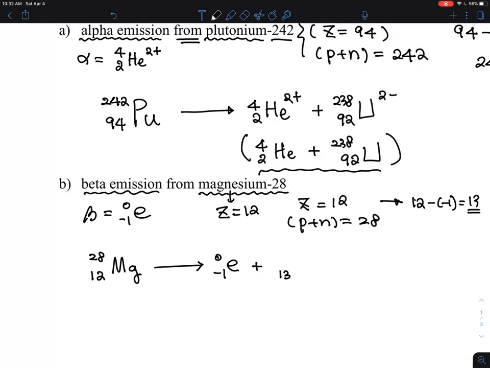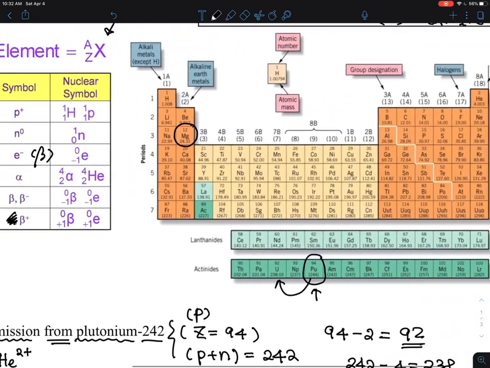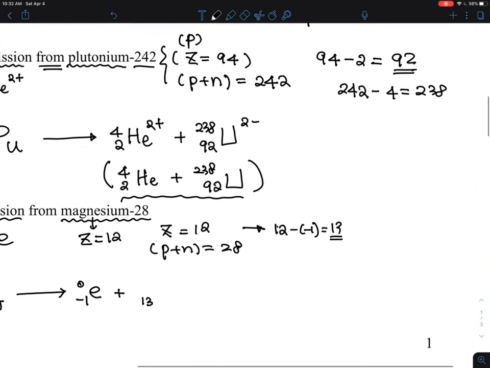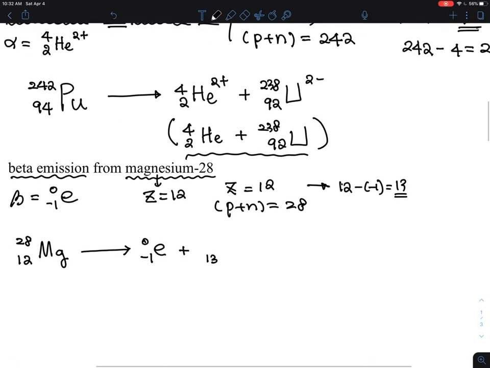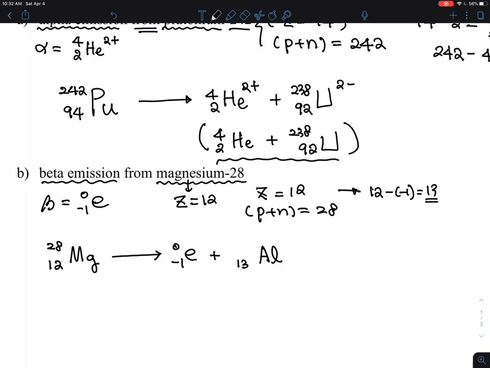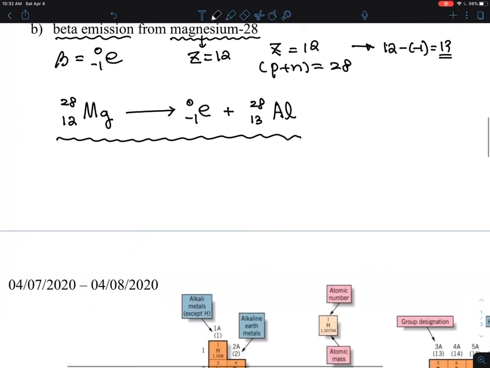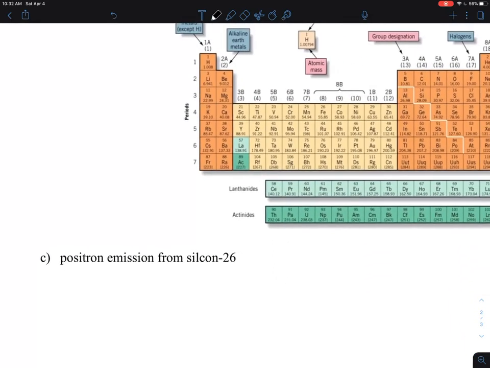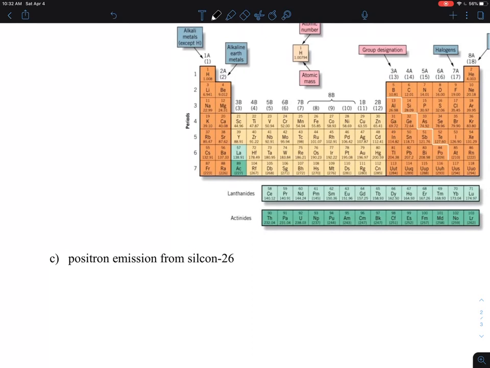So 13 is the one higher up in the atomic number. That's aluminum. Okay, so we got aluminum here. And then what else? 28. So I think that this is the answer. So for the second problem, it's just a matter of keeping track of the number of protons, the number of neutrons, and the atomic number.